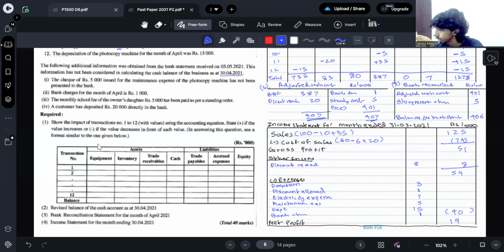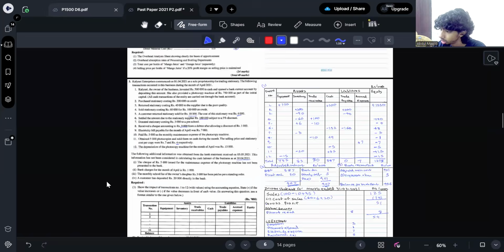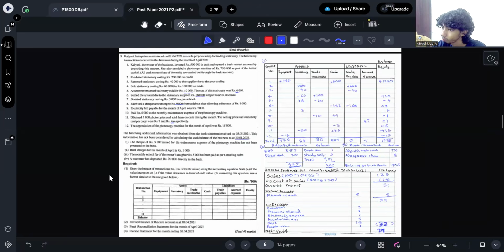Sorry, the expenses are 32. Okay, so 59 minus 32, the net profit will be 27. Net profit is 27. Okay, that was a very easy question actually, the third one.